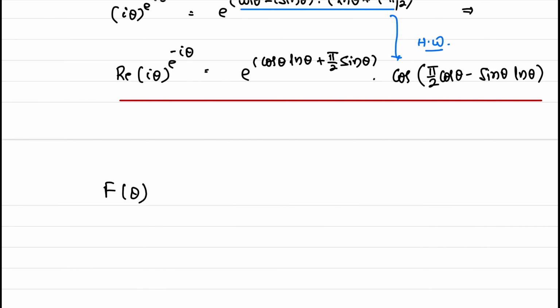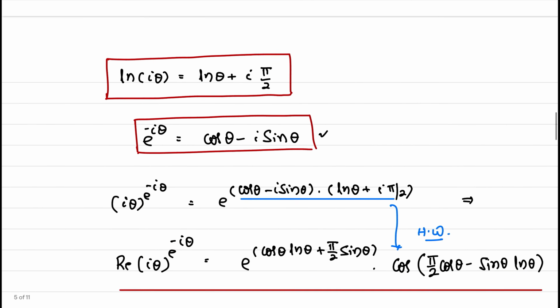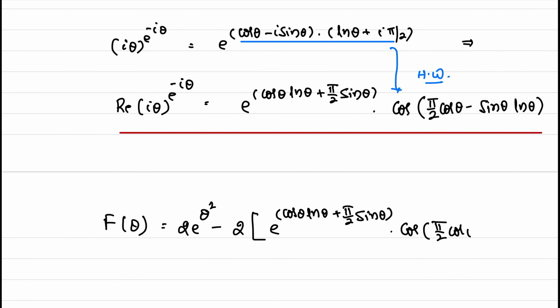What is f theta? f theta is equal to 2 into e to the power of theta square minus 2 into e to the power of (cos theta ln theta plus pi by 2 sin theta) into cos of (pi by 2 cos theta minus sin theta into ln theta).